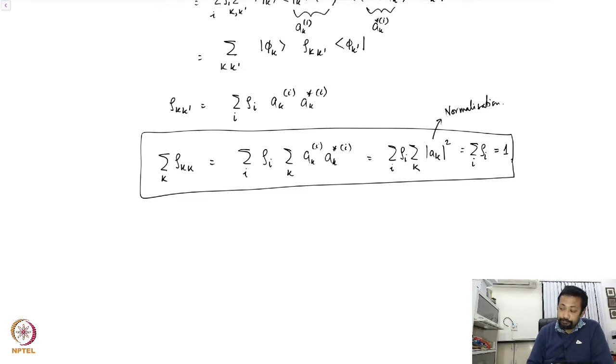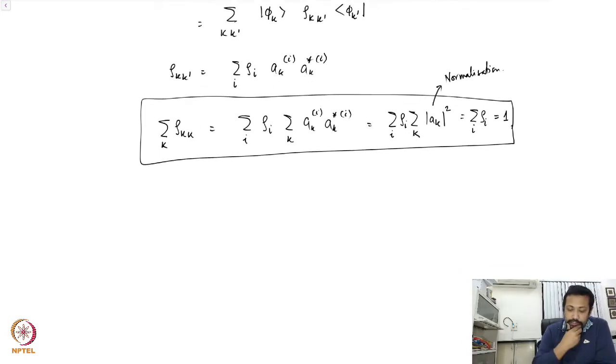Further, note that this is a Hermitian operator, right? So I have rho k k prime as the sum over I of rho I a k I a k prime star.